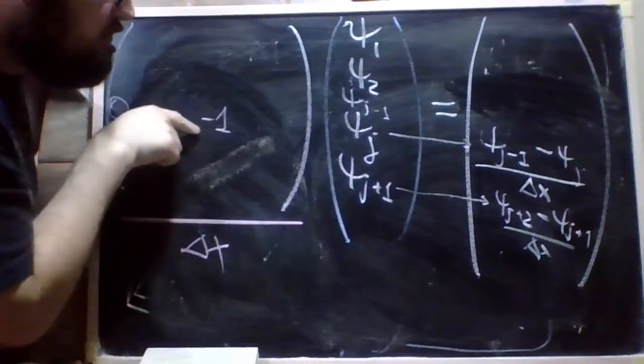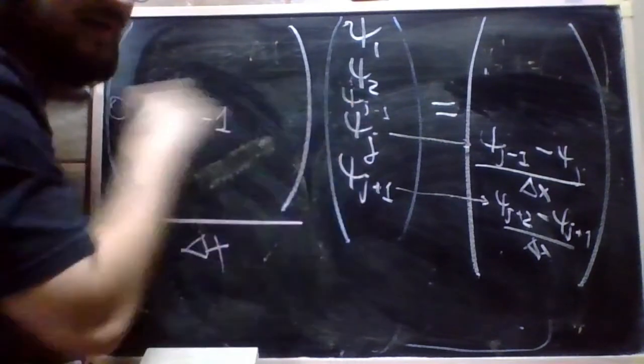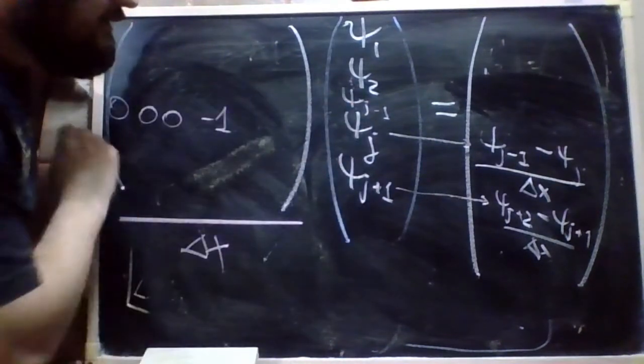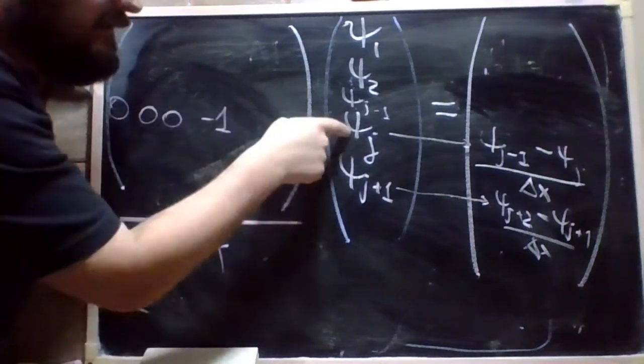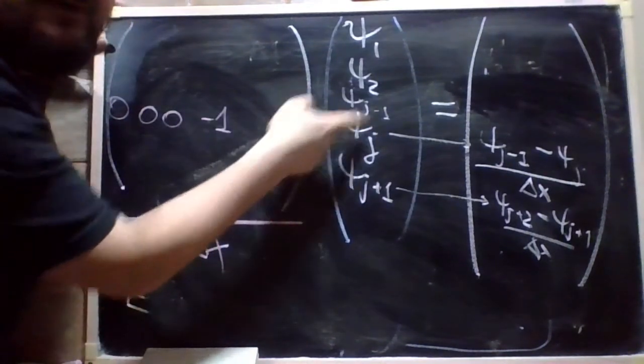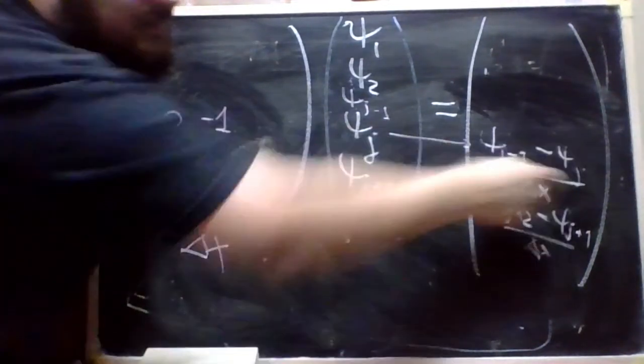And when you stay in the multiplication of matrices here, when you arrive at this component of the vector, you must multiply it by -1 because the result is minus psi j. All right.